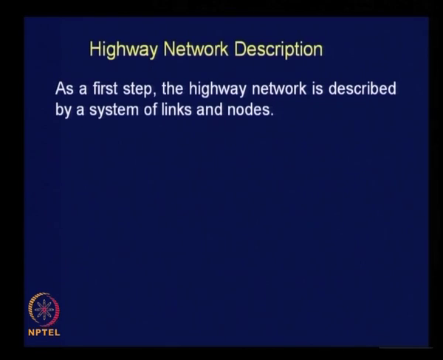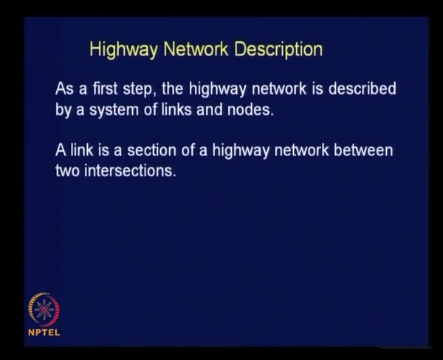As the first step, the highway network is described by a system of links and nodes, right, simply links and nodes. A link is a section of highway or simply road network between two intersections. In a road network you may have intersections, right, crossing roads.